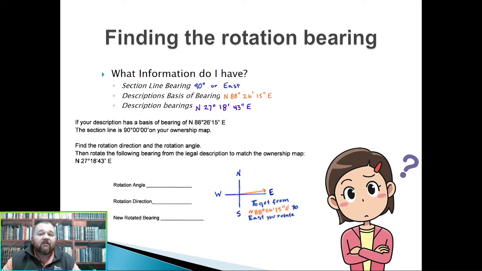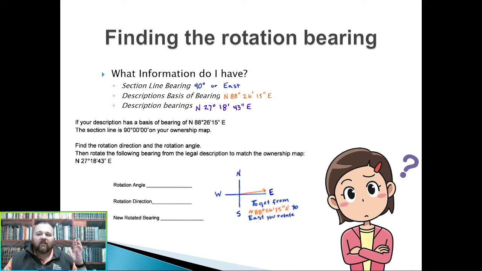Your section line bearing is actually the 90 degrees east, or directly east. The description's basis of bearing is that north 88, 26, 15 east. And the description that we want to rotate is the 27, 18, 43 northeast. So we can draw it out on our little thing here.